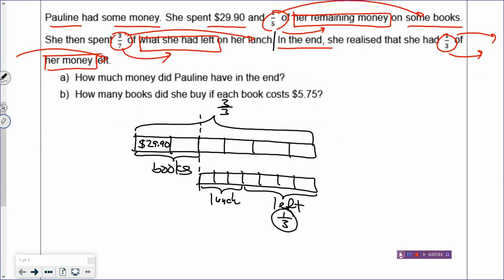What we mentioned just now. If there's 1/3 of the money left, then all the money is 3/3. And how much did Pauline have in the end? So your question mark is over here. And how many books did she buy if one book costs $5.75? So we can put a question mark beside the books. How many books? So how you want to label is up to you. Alright, but that's how you draw the model, right? The model is done already.